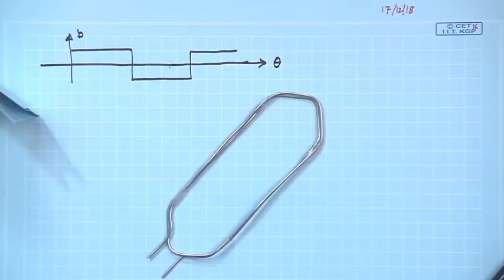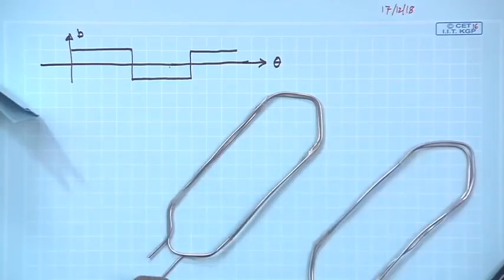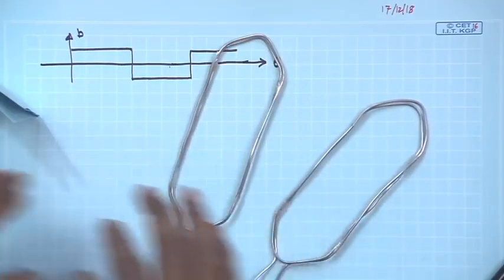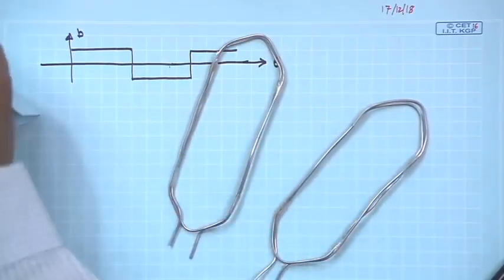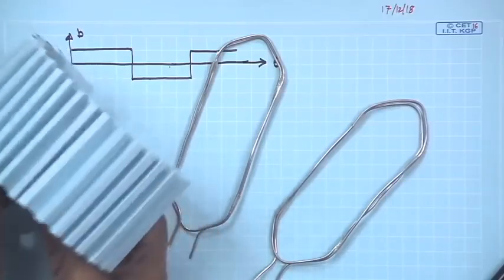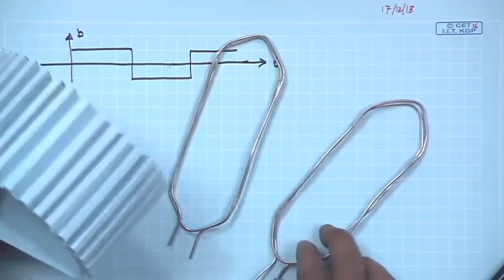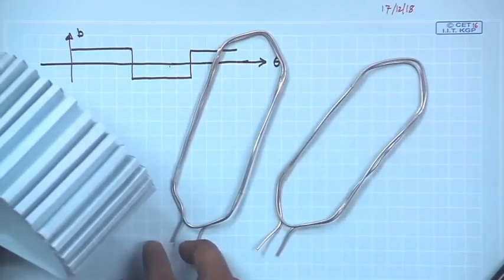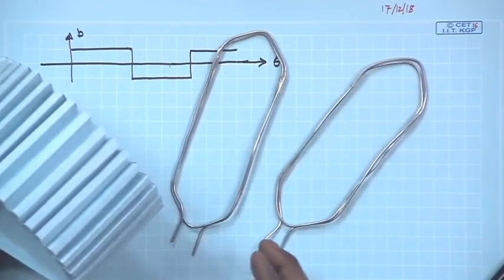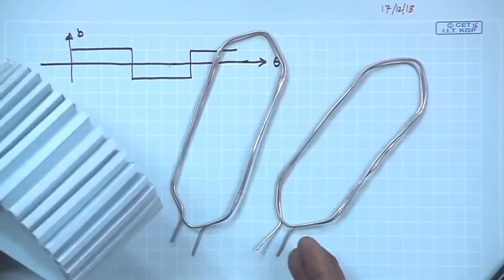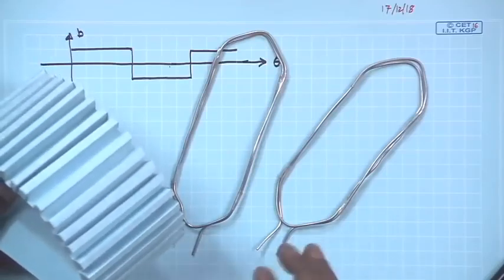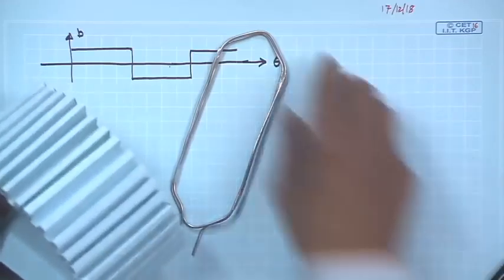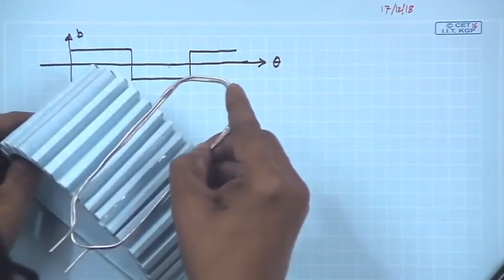These coils I will place in the space reserved for them in a particular sequence, and each coil will have its own free terminals, and they can be connected in series or in parallel, whichever way is convenient. So, how to place the coils? Coils will be placed in this way.